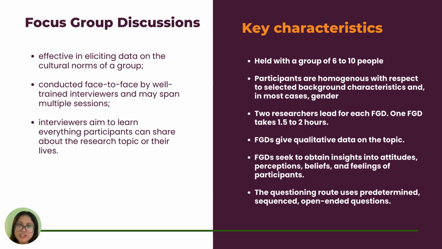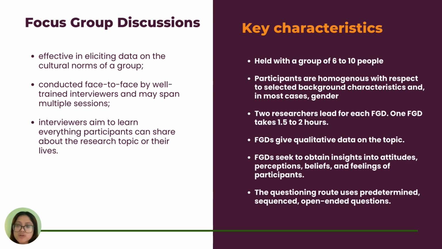There are key characteristics of FGDs. First, it typically has 6 to 10 participants, who share similar backgrounds or characteristics like age and occupation, but usually don't know each other well.